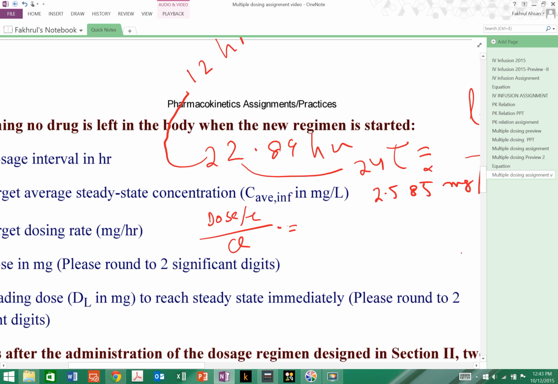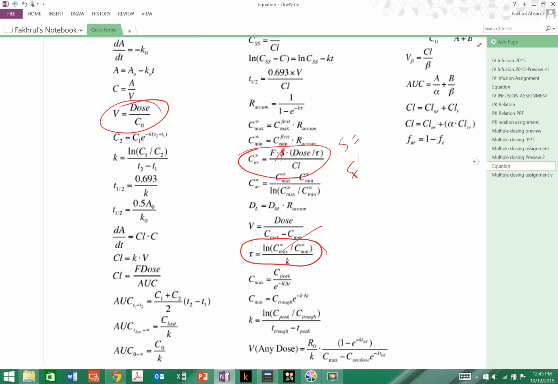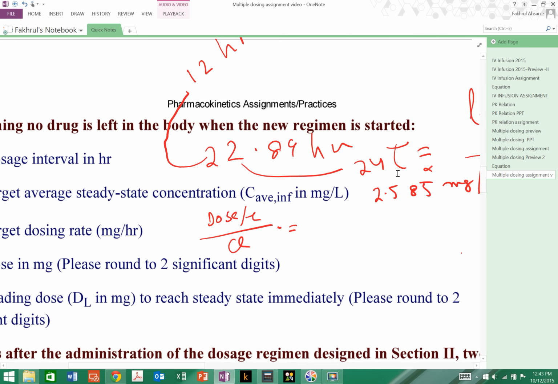C average is equal to dose divided by tau by CL.